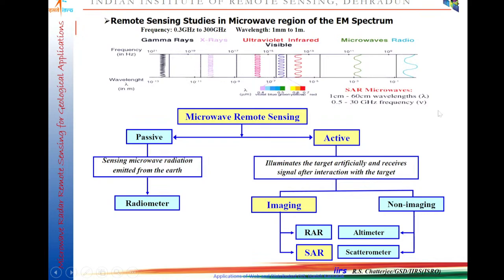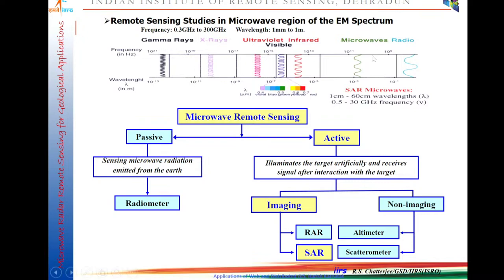In case of microwave radar, the wavelength is in centimeters, and in case of optical, wavelength is in micrometer. Micrometer means 10 to the power minus 6 meter, and centimeter, 10 to the power minus 2 meter. If you take a ratio, centimeter by micrometer, it is 10 to the power 4 times the wavelength.